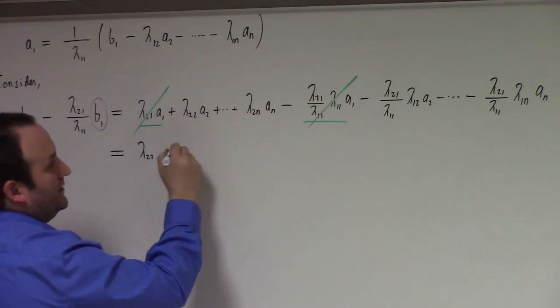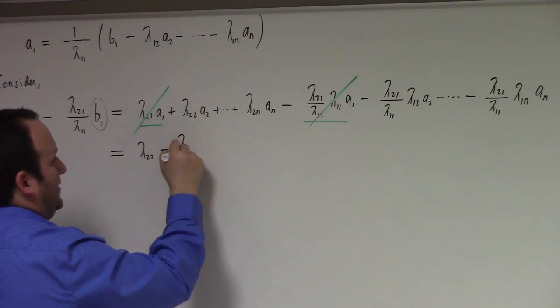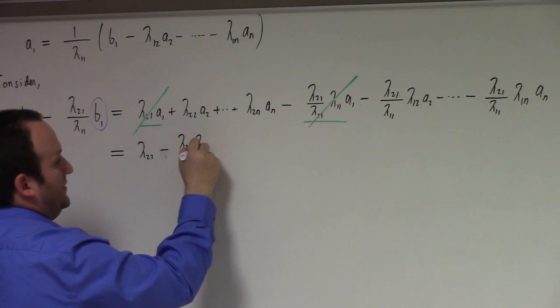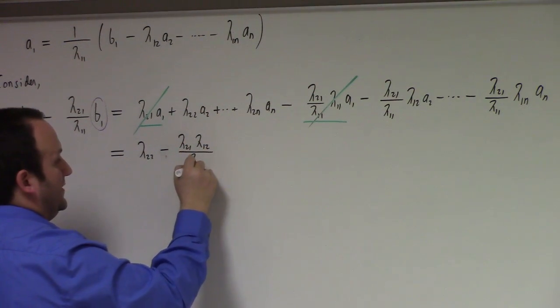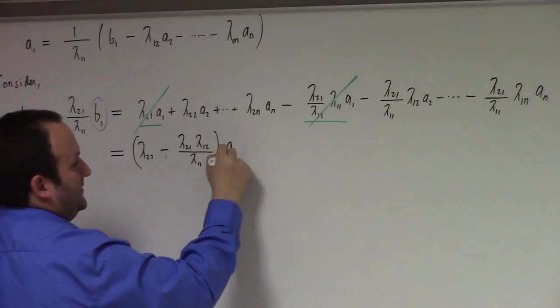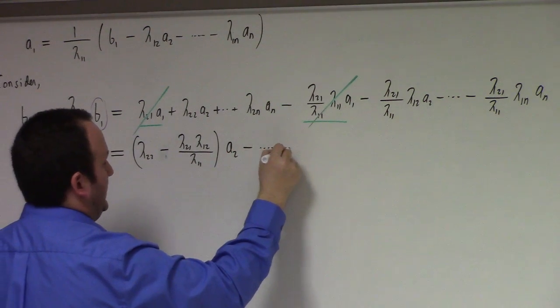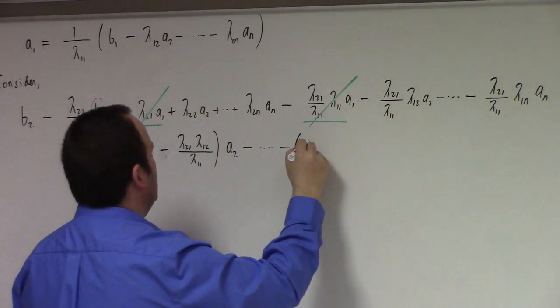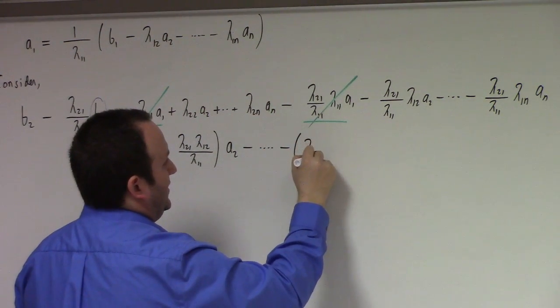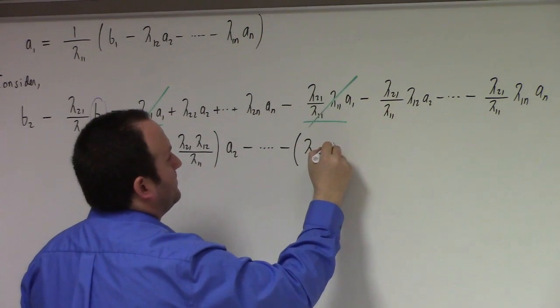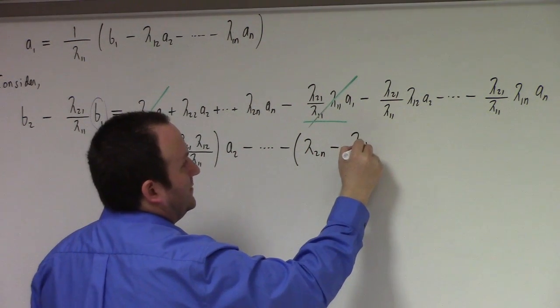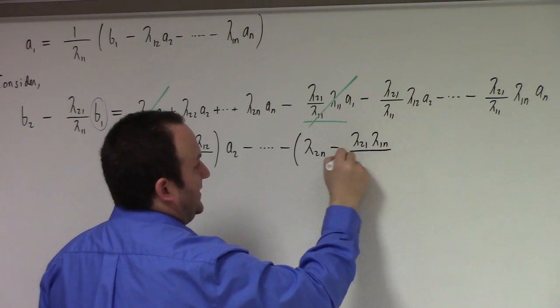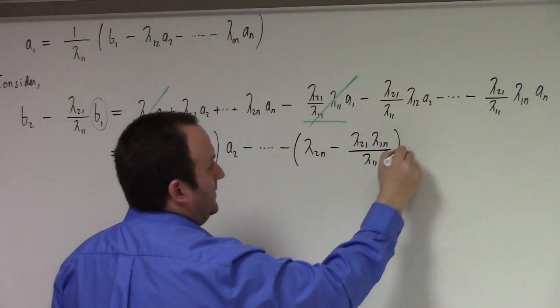Lambda 2,2 minus lambda 2,1 lambda 1,2 over lambda 1,1, parentheses, a2, minus ... lambda 2n minus lambda 2,1 lambda 1n divided by lambda 1,1, a sub n.